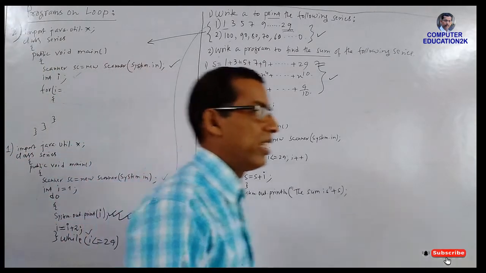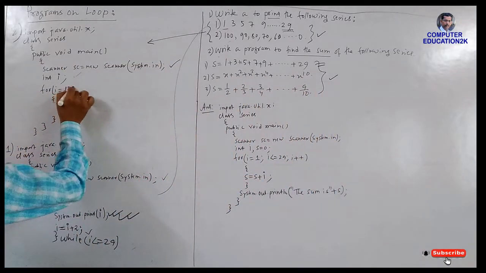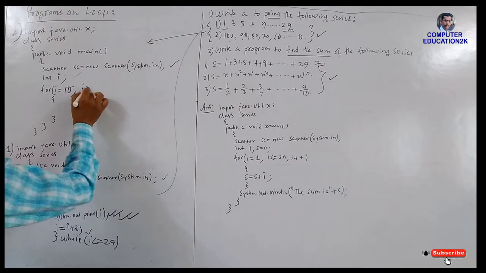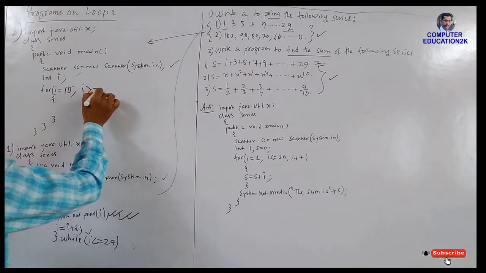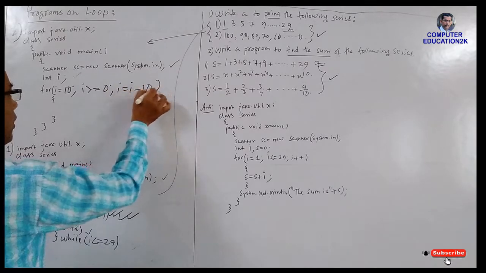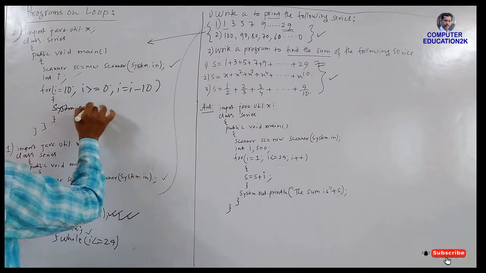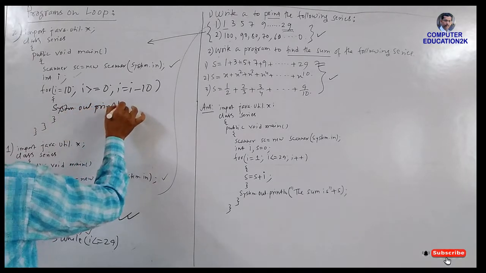You can see the values are decreasing by 10. So I will write here I equals to 10, I greater than equals to 0, I equals to I minus 10. And then System.out.print I.